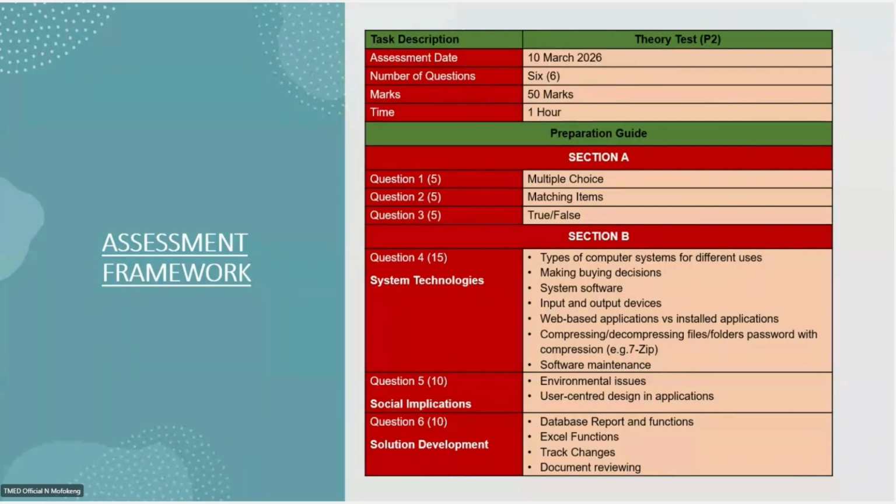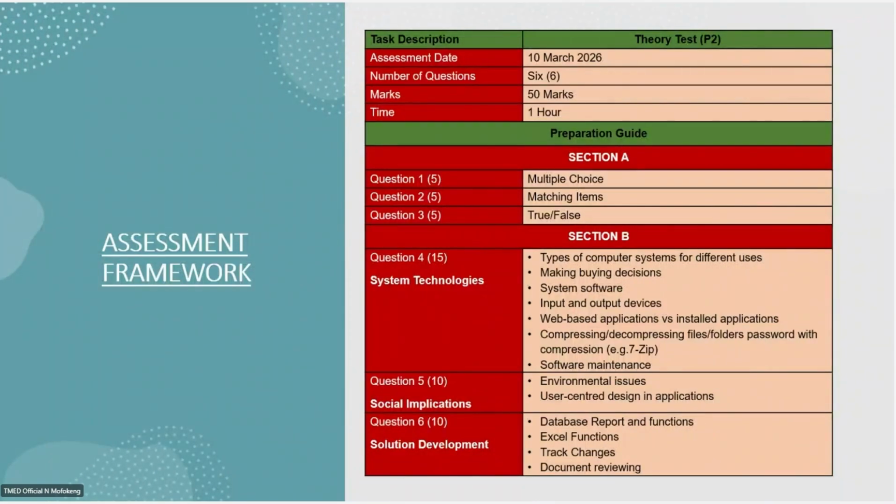So now maybe one might ask, what is the content that we show in this section A? Everything that has been taught in term one. So this section includes all the topics, all your system technologies, or all your practical content that was done in term one. So everything is actually included in here.